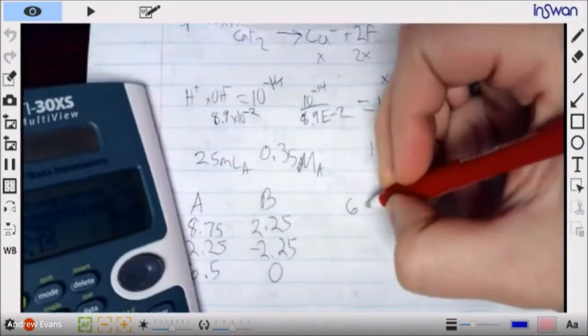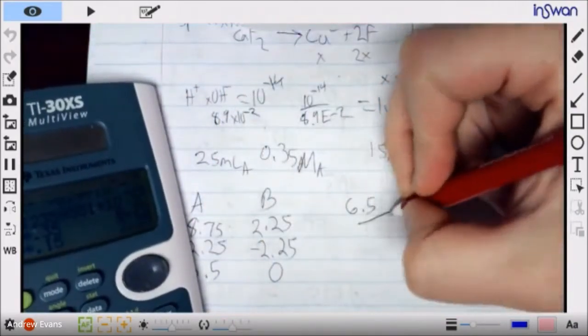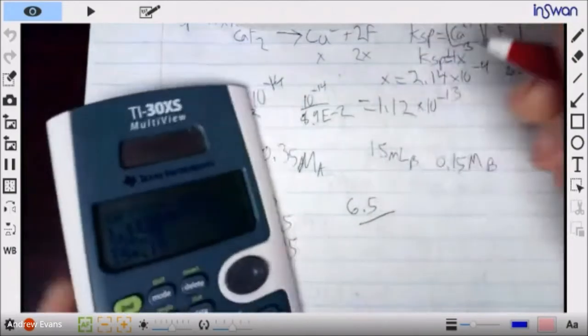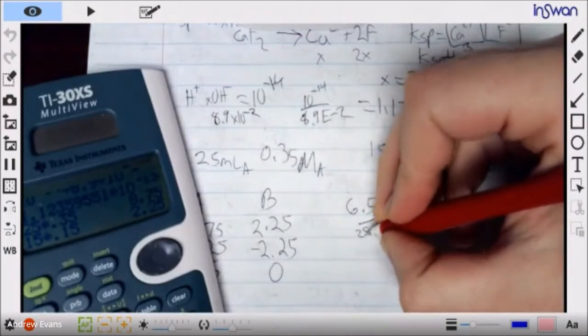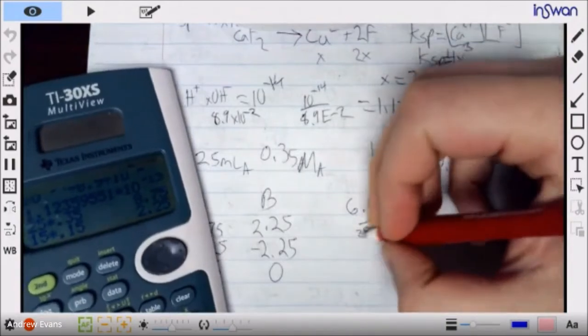Step 2, we have to turn 6.5 millimoles back into molarity. 25 plus 15, that's going to be 40 mils.